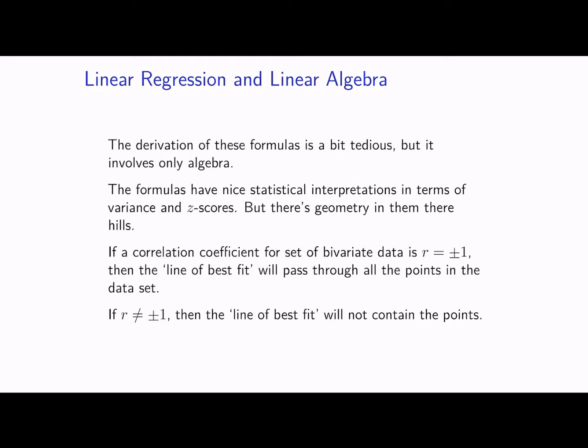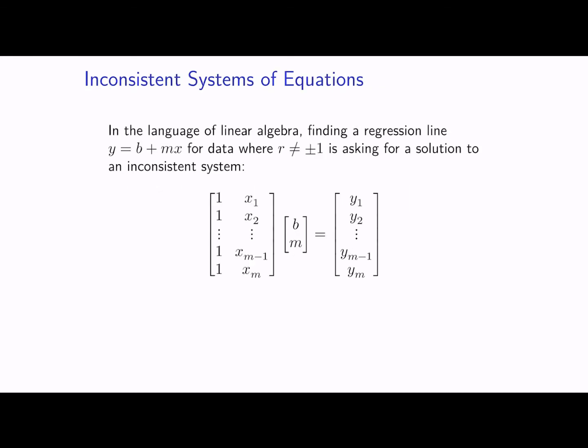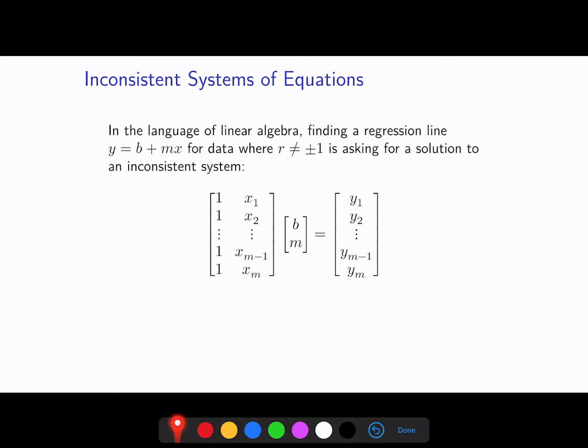And just a reminder that if we have bivariate data, and the correlation coefficient of the data is not exactly plus or minus 1, the line of best fit will not pass through all the points in the data set. That's important for what's about to come. So in the language of linear algebra, finding a regression line for a big collection of bivariate data means asking for constants b and m, intercept and slope, that would make this line pass through all the data.